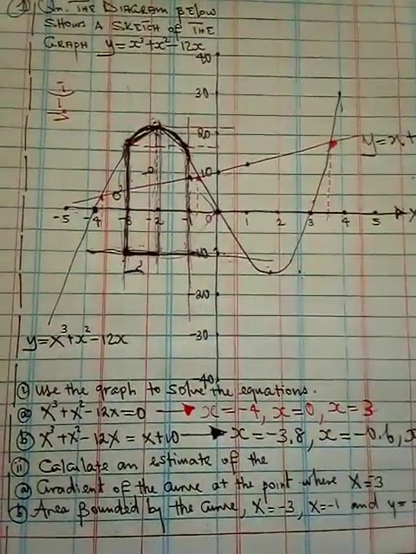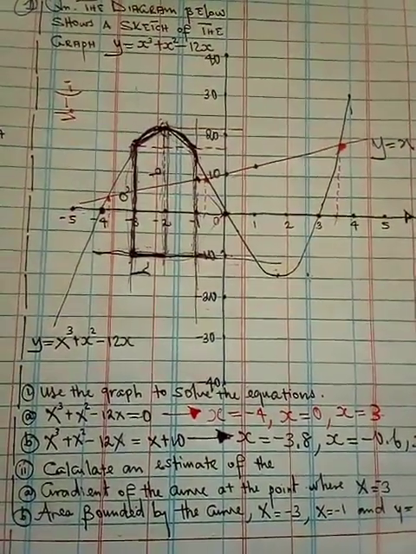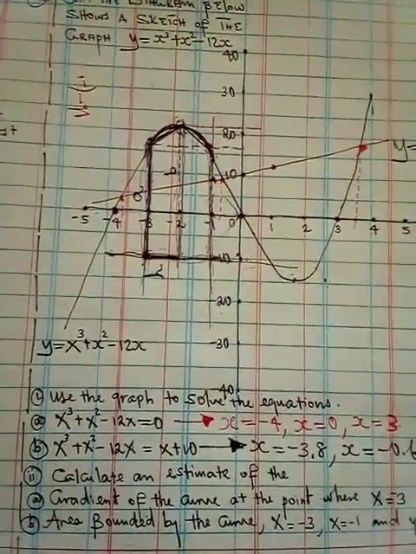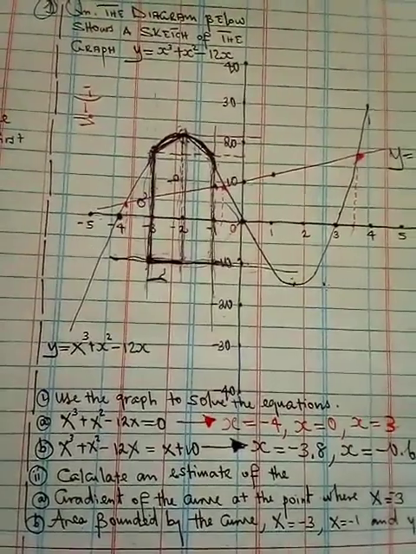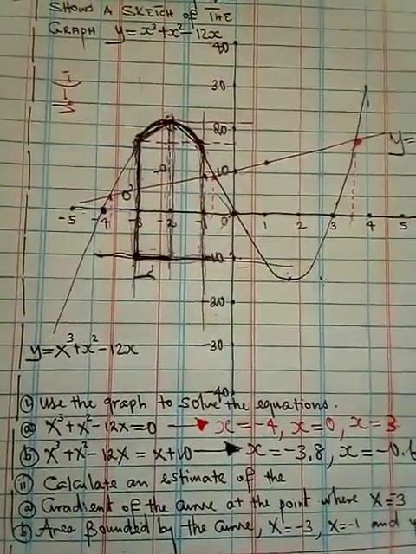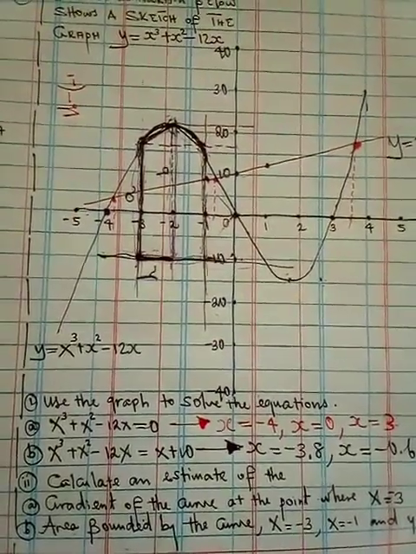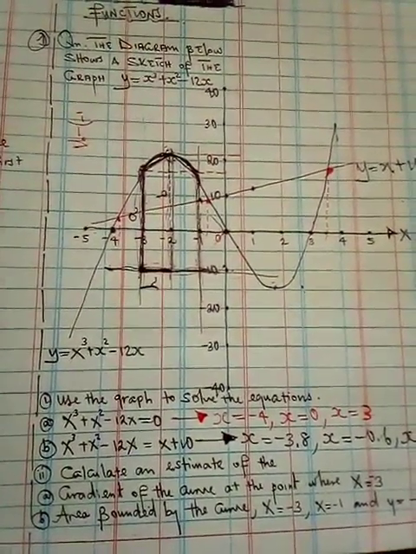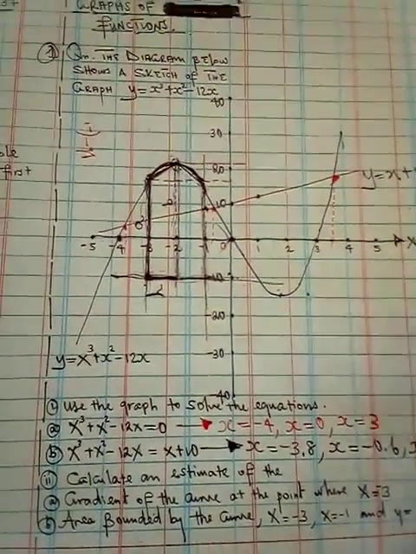That's how we can use our graph to solve those equations. We use the calculus method. Of course, there are 2 methods, the calculus method and the tangent method. In this video, I've just shown the calculus method. I'm going to show you the tangent method in the next one. So that's it for this problem.